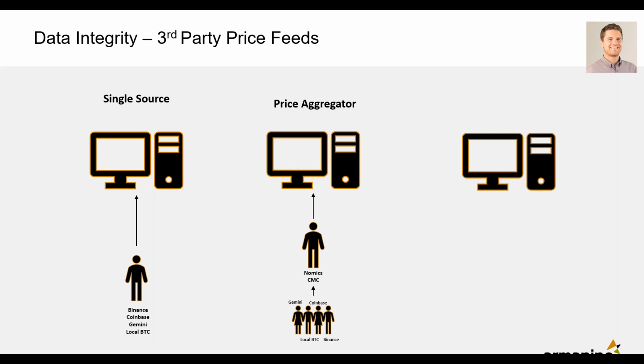The pro here is that it's pretty easy. It's still a single point, so you only have to pull one number. The problem, though, is that it's still centralized, so you still have a single point of failure. And we don't see any SOC reports over these price aggregators as of yet. But on the upside, there is a potential for a SOC report. So Nomics, CoinMarketCap, feel free to come to us, and we can hopefully help you guys out.